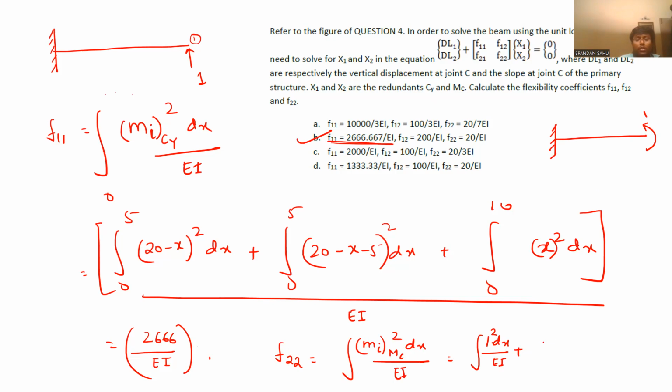So it will be 5 plus 10, it's easy, 20. So it is direct, now you can get 20 by EI. That is F22.